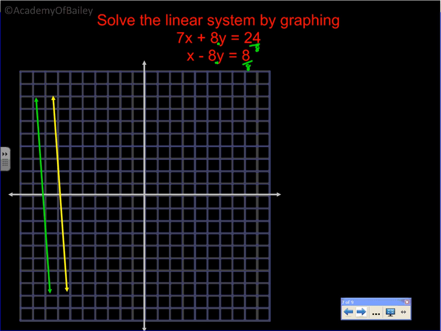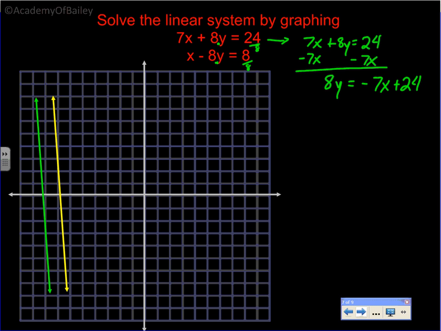So the top one, 7x plus 8y is equal to 24. To get y by itself, we have to subtract 7x. So we have 8y is equal to negative 7x plus 24. And this is the part where I was showing you before, that you have to divide everything by 8.